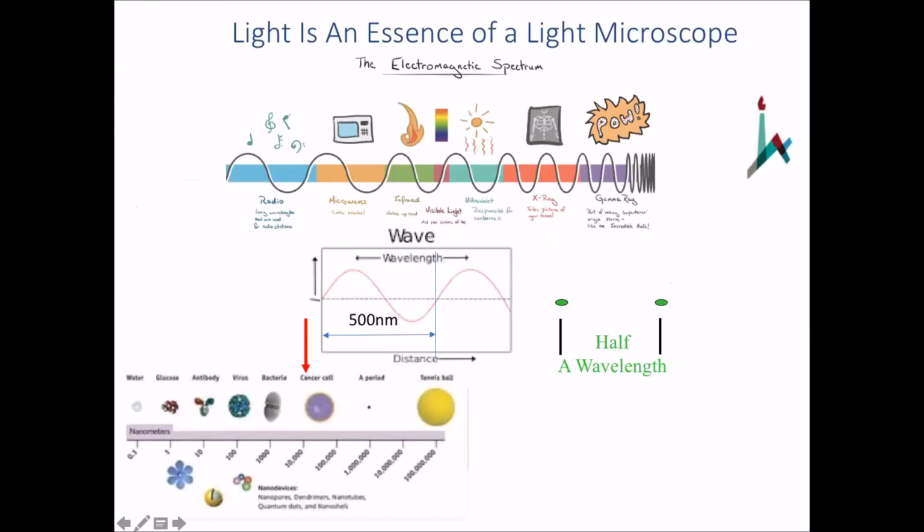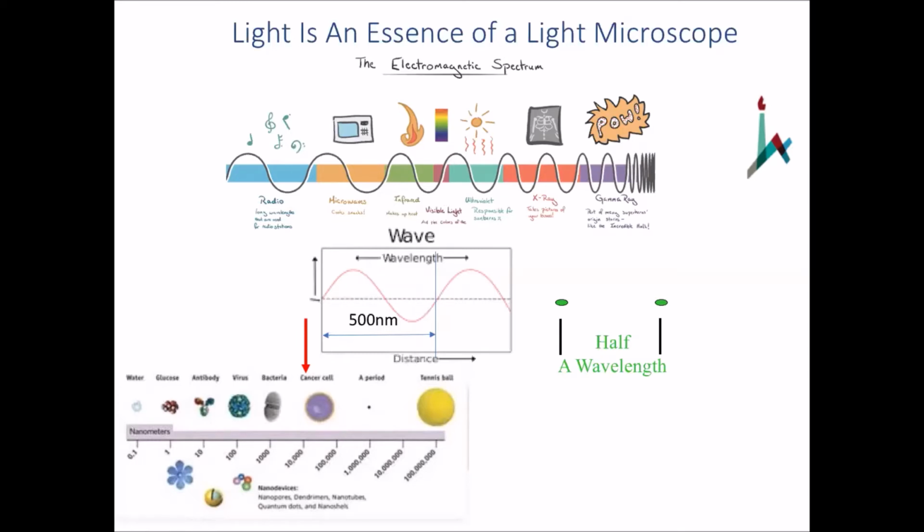Now, the thing that defines whether you can see something in an optical microscope is the wavelength of the radiation that you use. If you want to use visible light, the wavelength of visible light, that means one peak and one valley, okay, is 500 nanometers. That is in the visible range, green light, 500 nanometers.